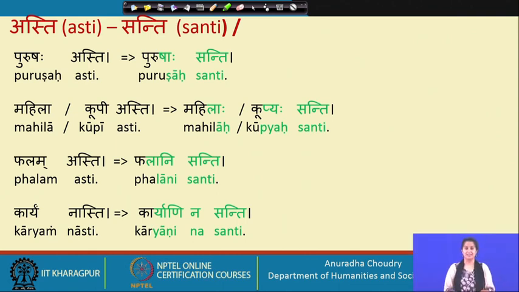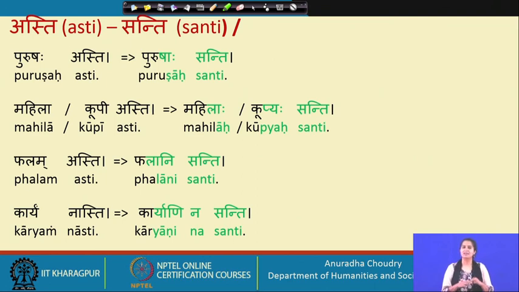Purushaha asti, purushaha santi. Mahila asti, mahilaha santi. Kupi asti, kupyaha santi. Phalam asti, phalani santi.